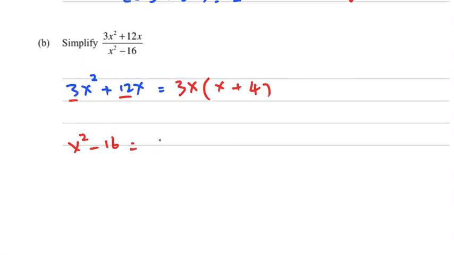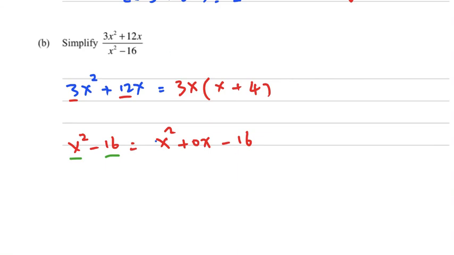Bottom one, x squared minus 16. Alright. Now we can see that actually is a difference of 2 squares. If you can't really see the answer straight away, you can think about this: that's really equal to x squared, where is the x term? The x term is not there, so hence we can think 0 times x, that's 0, and minus 16. And then you have 3 terms right over there, right?